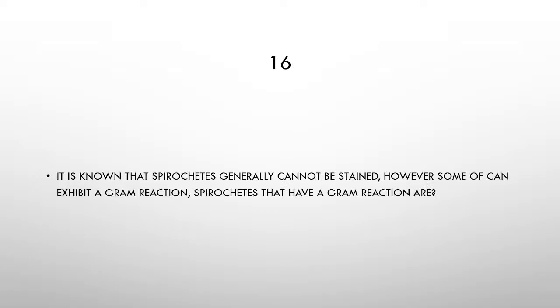So the way we try to grow Leptospira: they can't be grown in artificial media. You need animal inoculation techniques. One of the most common ways is to inoculate it in hamster testicles or rabbit testicles, because they love to grow in these places.